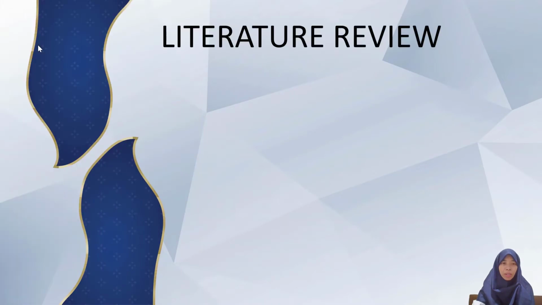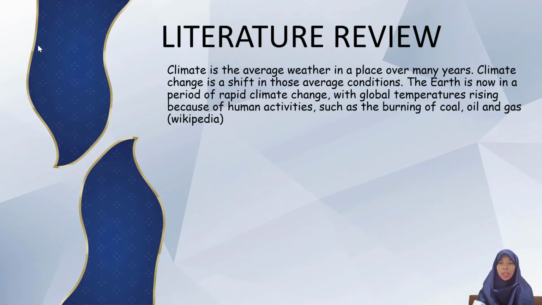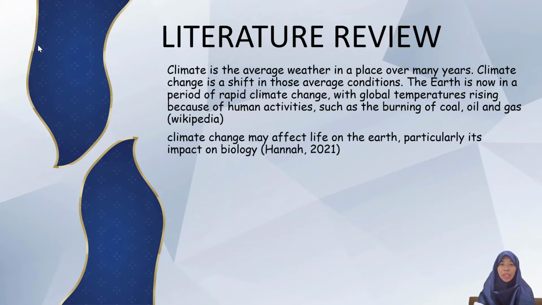This is the literature review. Climate change is the average weather in a place over many years. The Earth is now in a period of rapid climate change, with global temperature rising because of human activities such as the burning of coal, oil, and gas. Climate change may affect life on the Earth, particularly its impact on biology.